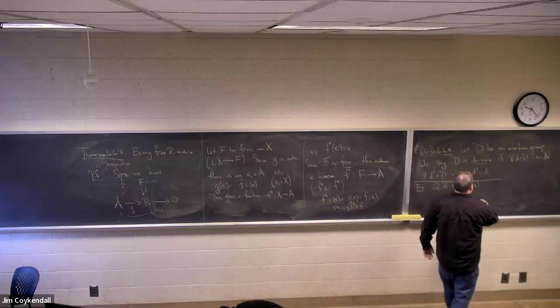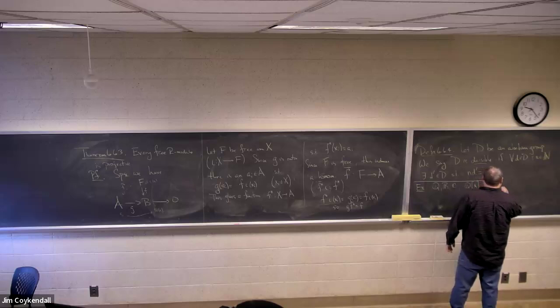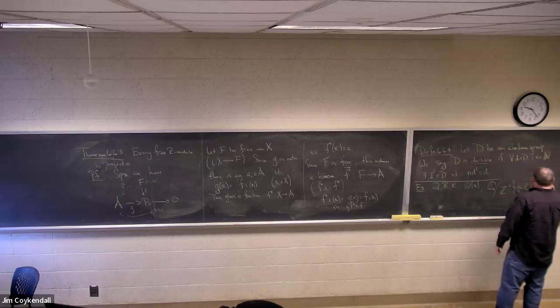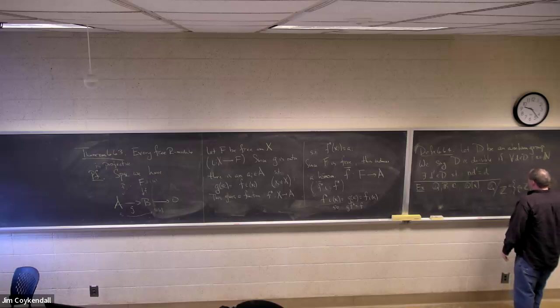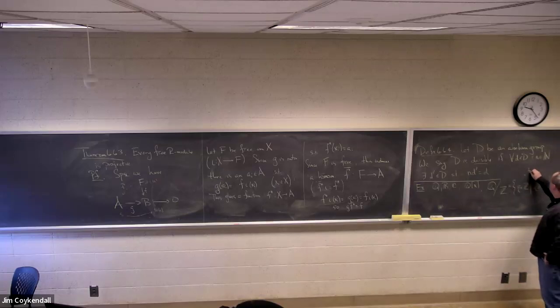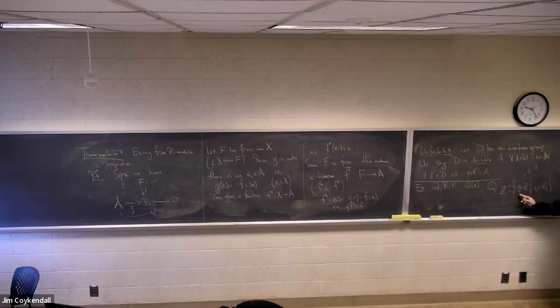How about this? Is it clear this is divisible? Because given the coset q plus Z, we've certainly got q over n plus Z. So you can divide everything by n. Do you agree? And everything in here has finite order.